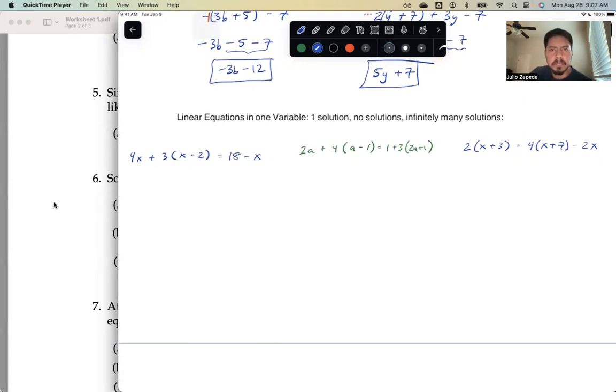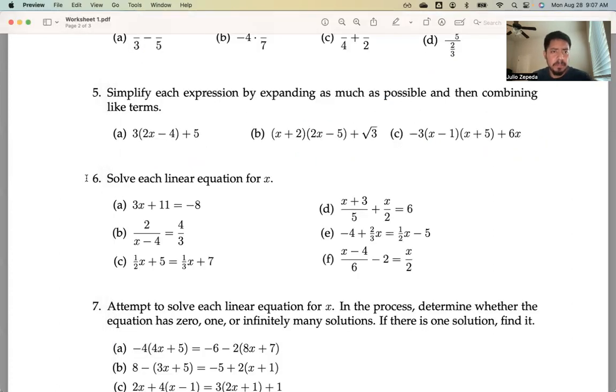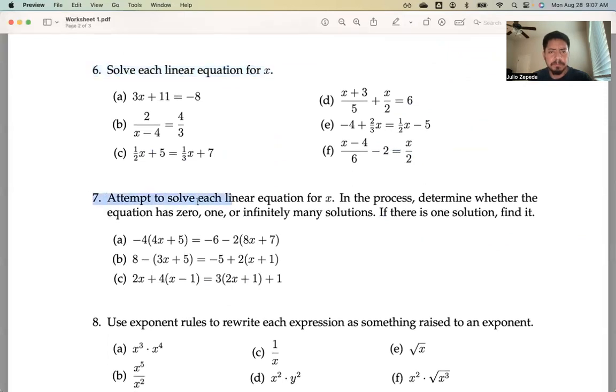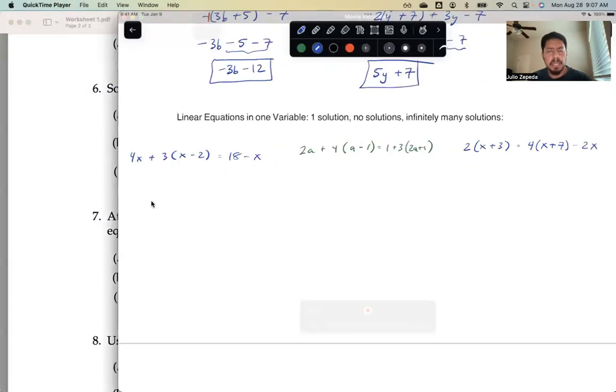All right. Next, let's look at linear equations. There are linear equations like in problem number 6 or problem number 7. And we want to look at the types of solutions that could result from a linear equation.